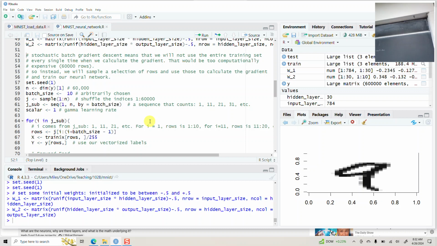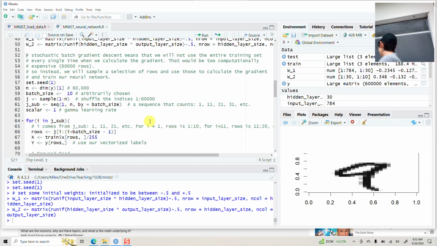And so it's a lot of computations. So what we're going to do is take all 60,000 rows, 60,000 by 784, and slice it up into a bunch of smaller things. How many of these things am I going to do?